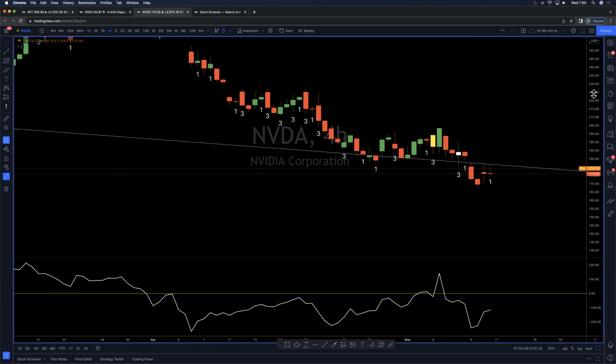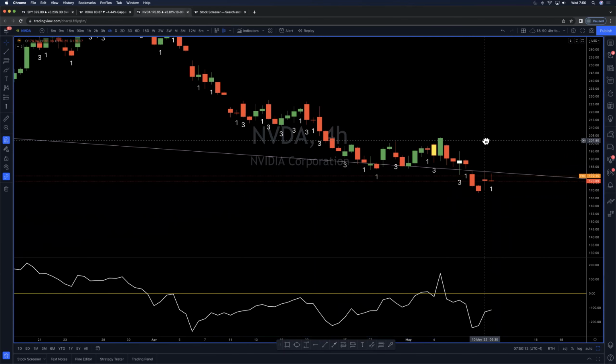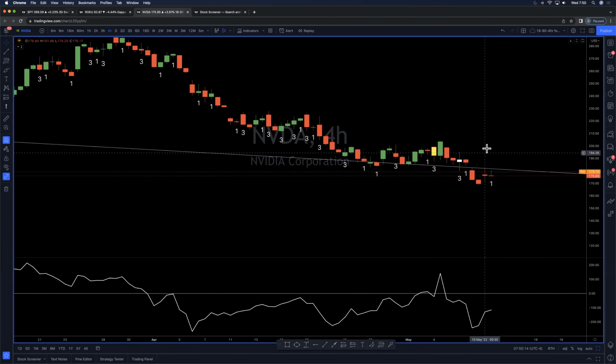I'm sorry, I can see that. Yeah, 181.98, then I'll look to go long, right? If price stays below this range, I'll look to go short below here, this inside bar.